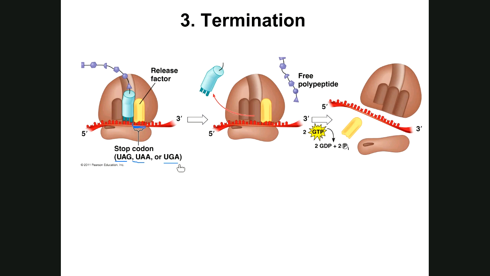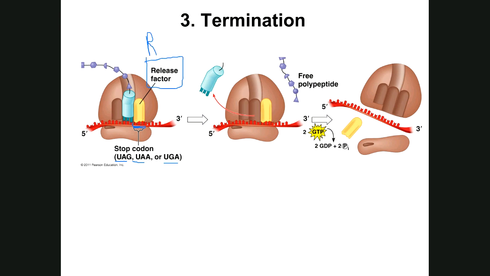So again, in both prokaryotic and eukaryotic cells, there are no transfer RNAs that have an anticodon that complements any one of the 3 mRNA stop codons. So this ensures that no more amino acids are being transferred to the ribosome. However, there is a protein called release factor.